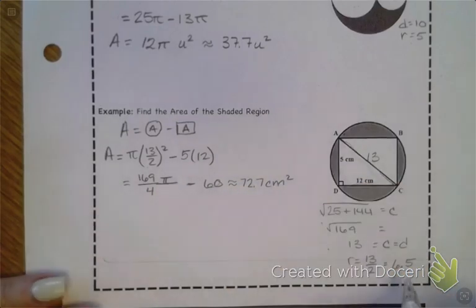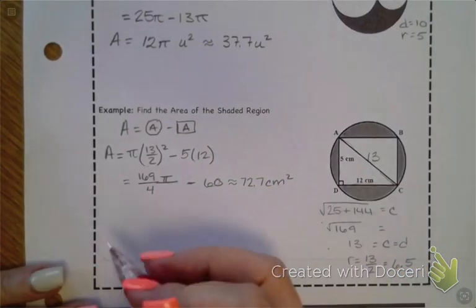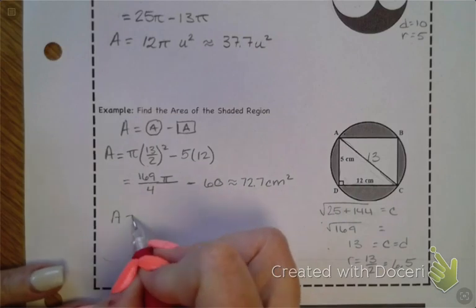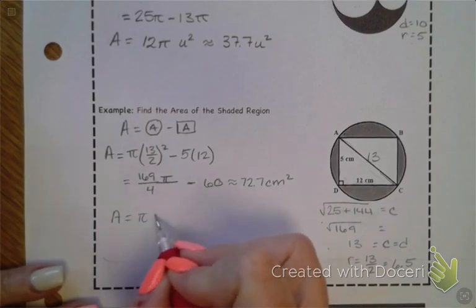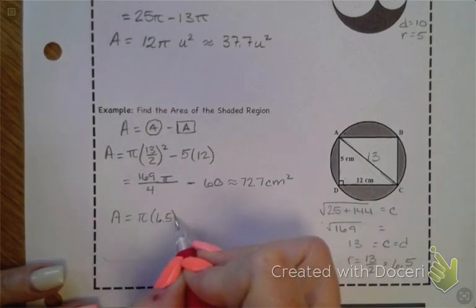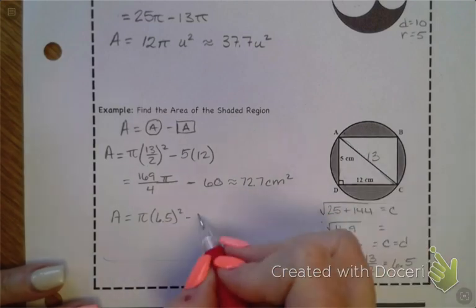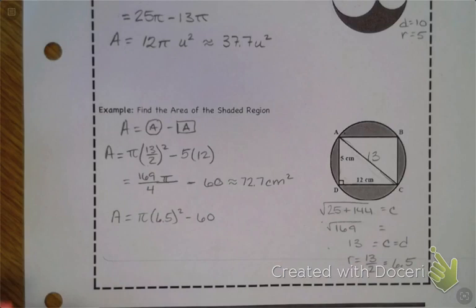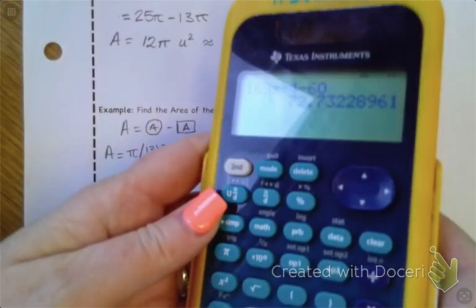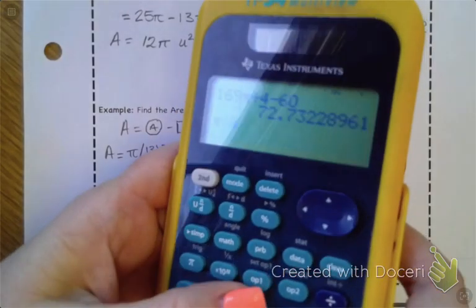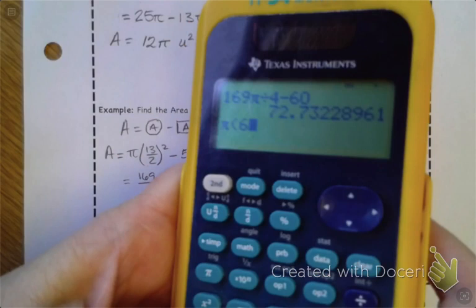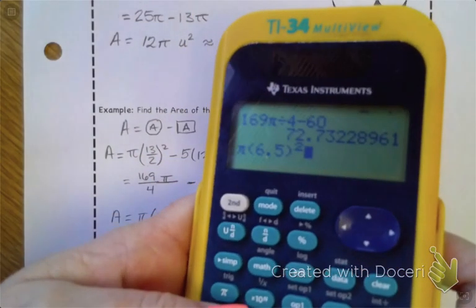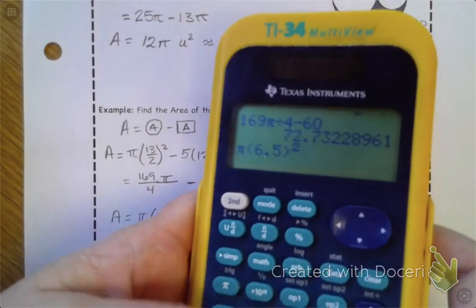Okay, now I said I'd do it with the 6.5 also. So we have area equals pi times 6.5 squared minus 60, because we already figured that out, and I don't know 6.5 squared, so I'm going to just put in my calculator pi times, doing parentheses, 6.5, square it, minus 60.